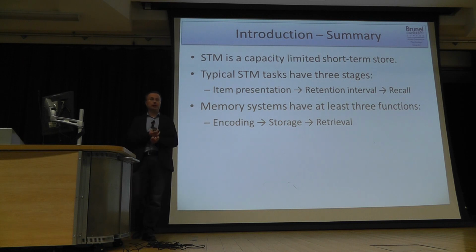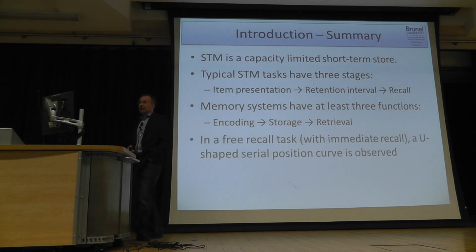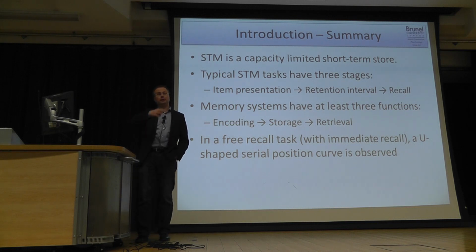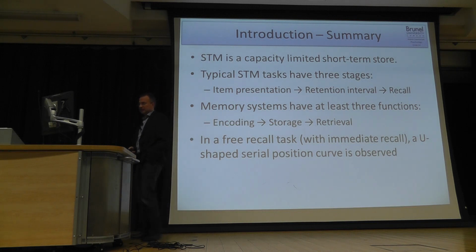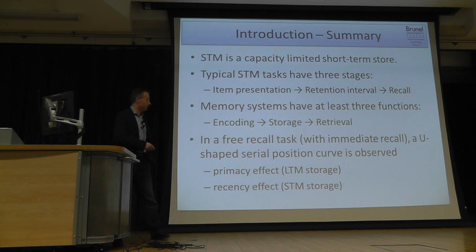We have the encoding of information, we have the storage of information, and we have the retrieval of the information. And now we have seen, in a free recall task with immediate recall, we get a U-shape serial position curve, which is a very central finding. The primacy effect is probably due to long-term memory storage, and the recency effect due to short-term memory storage.